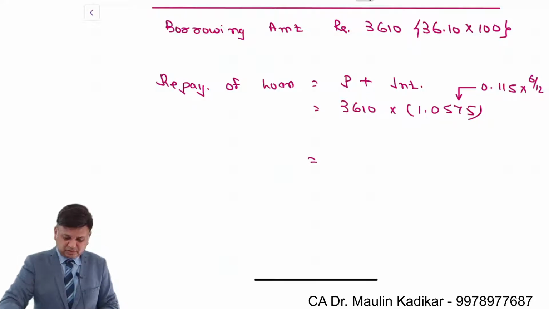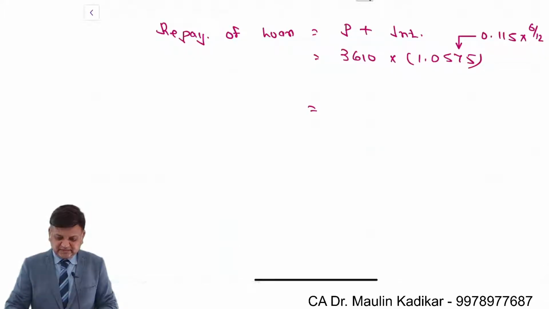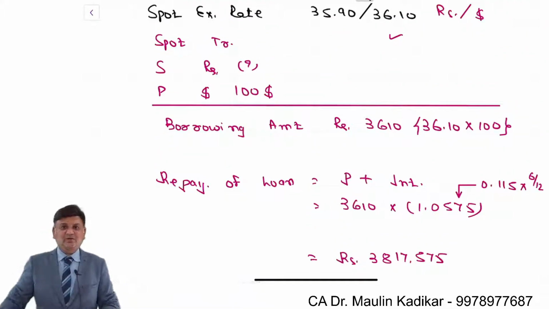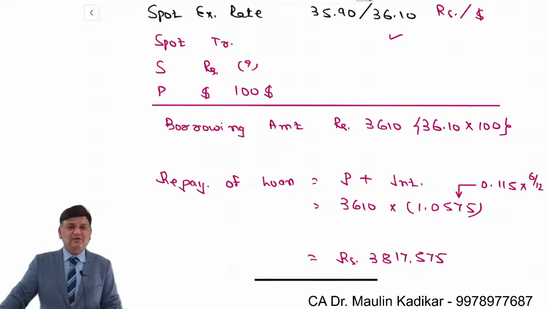So 3610 into 1.0575, so 3817.575. And 100 is provided to us in the example. Otherwise, we would have taken any other amount.